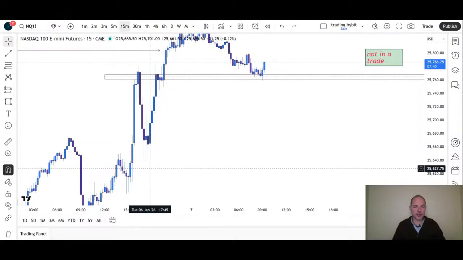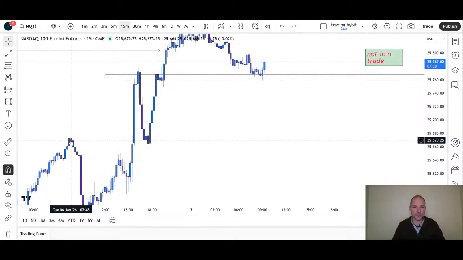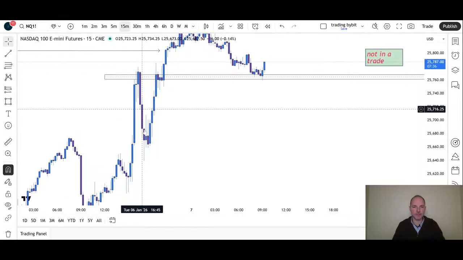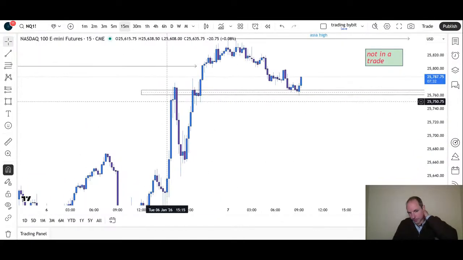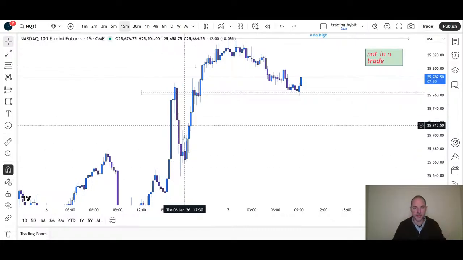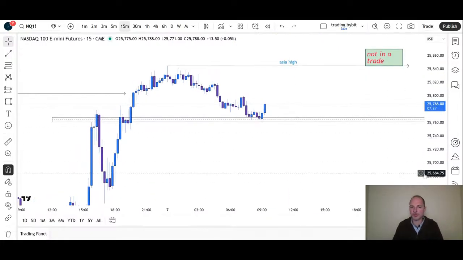And if anybody was online, this was actually a nice entry point too. Here we had a clean move up, retest of it, and continued. So if anybody was trading New York yesterday, clean entry price.